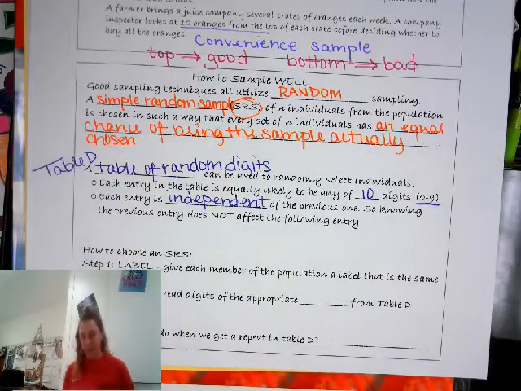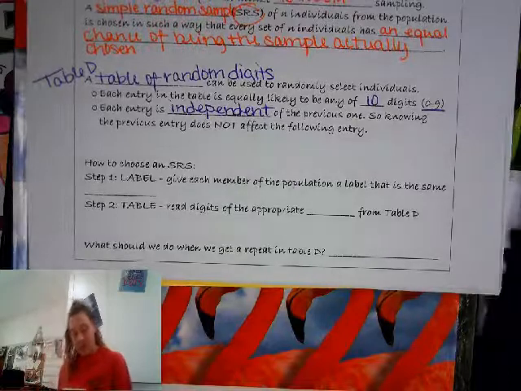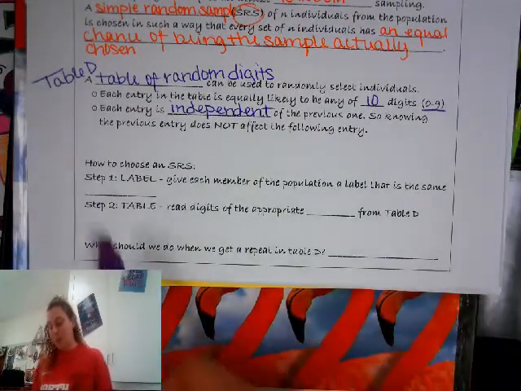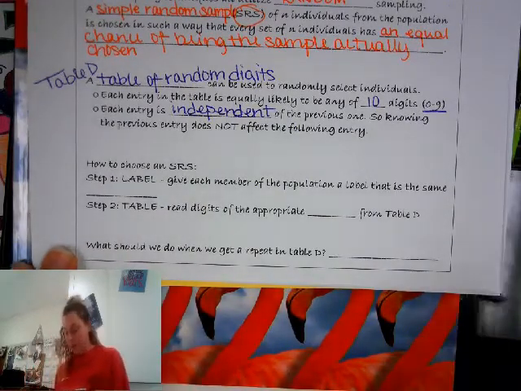So when it comes to choosing an SRS, and we talked about this before last term. Step 1 is the label. Make sure that we give each member of the population a label that is the same length.